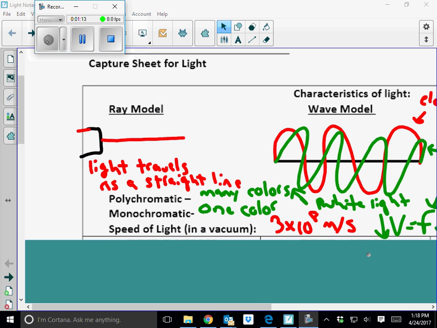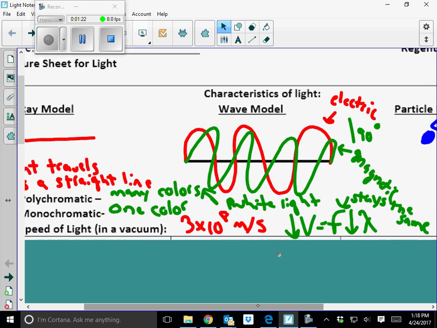Now, light also acts like a wave at the exact same time that it's acting as a straight line. However, there's different ways we can look at it to make the wave nature and the wave property come out. And the wave, remember from your reference table on page 2, is called the electromagnetic spectrum. The wave model of light is exactly that.